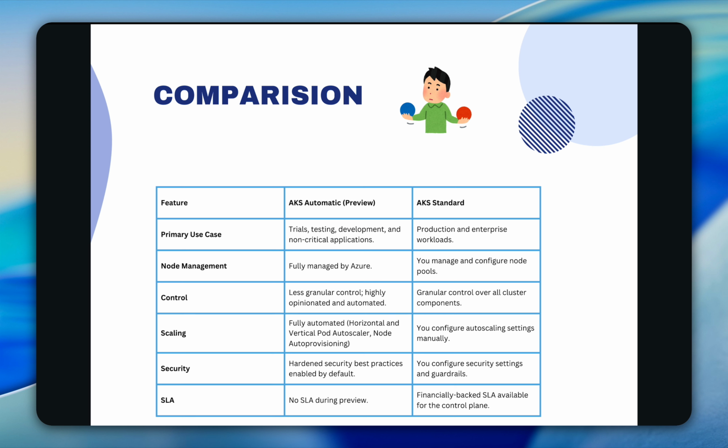So AKS automatic is very good if you need less granular control, right? And if you need a highly automated environment, right? But if for some reason you need high control on your AKS cluster, or you need to do a lot of customizations in AKS, then AKS standard would be a good option.